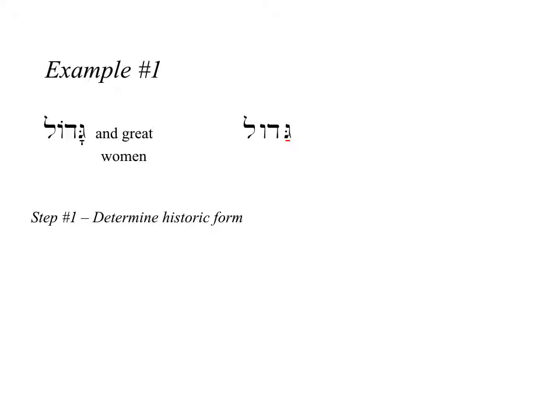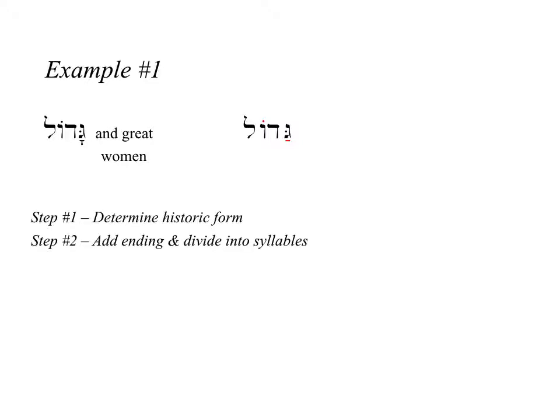So I want to write in a patach in my representation of the historic form. The second vowel I notice is a long O, and it has a vowel marker. That means this is an unchangeable historic vowel, and no matter what I do to this word, that particular vowel is never going to change.